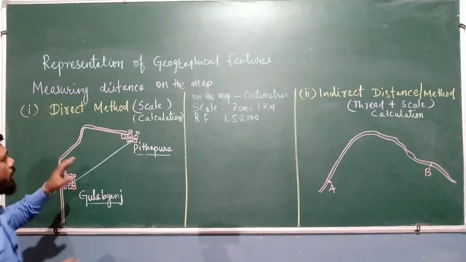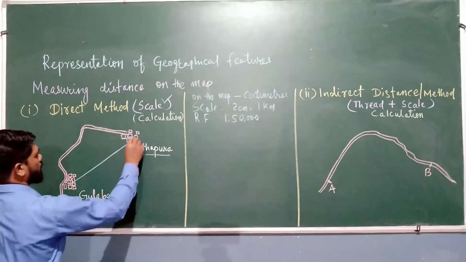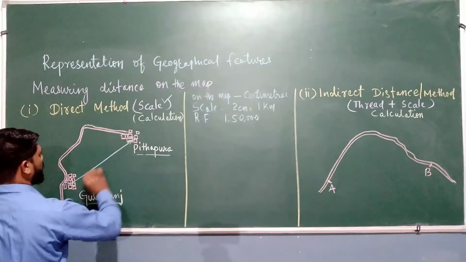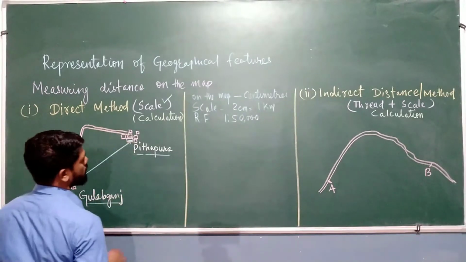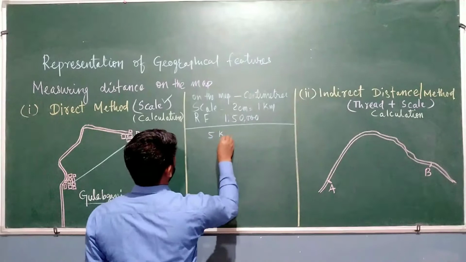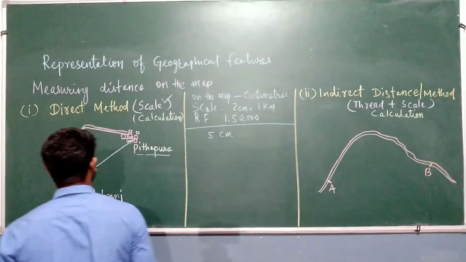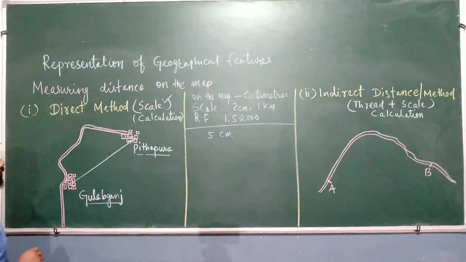Directly take the scale, mark a point from the center of the settlement, and measure it. Suppose it is coming 5 centimeters. Not kilometers, it is centimeters.